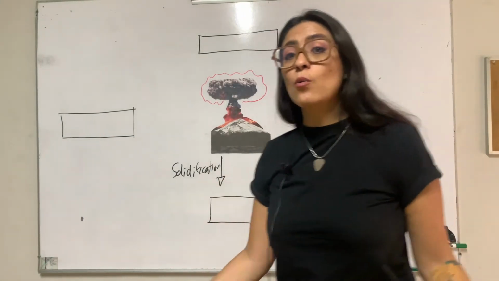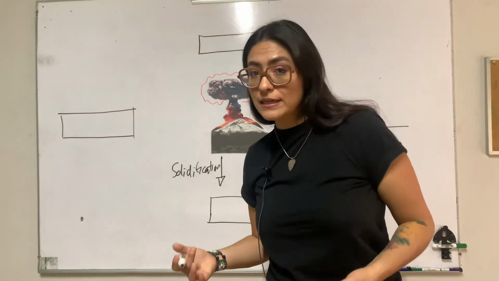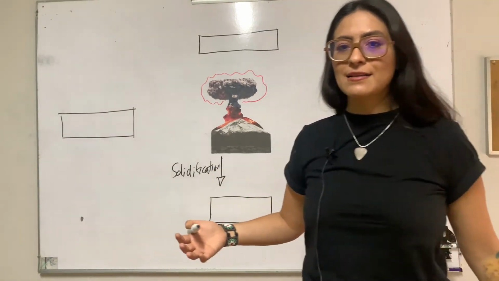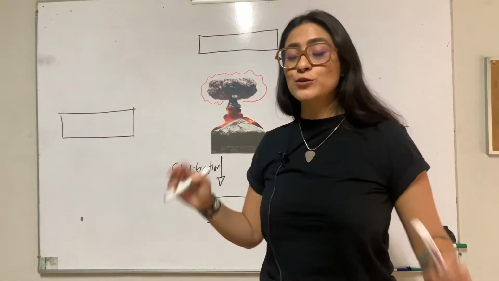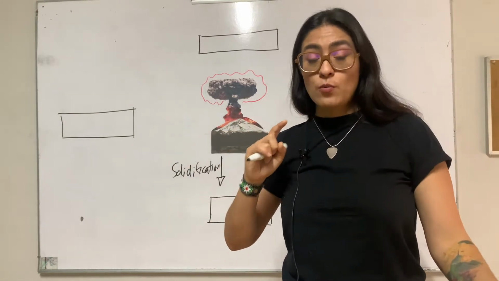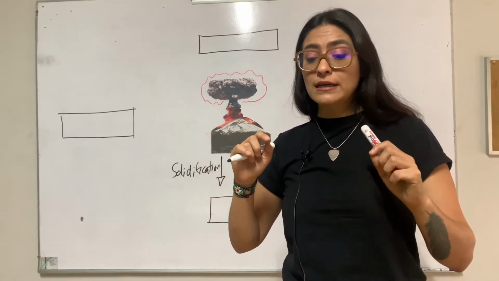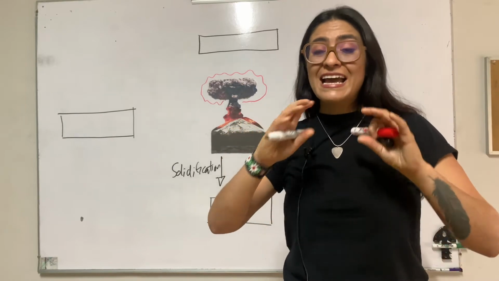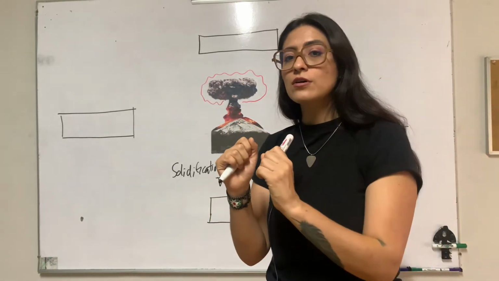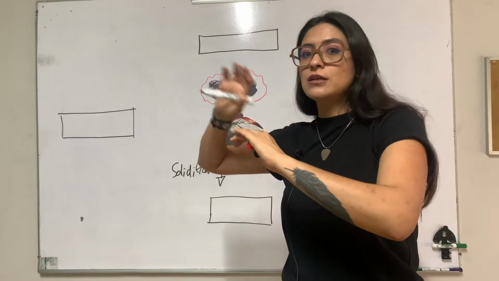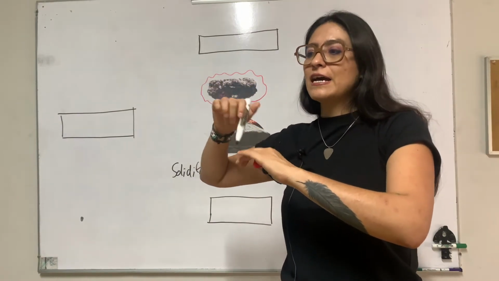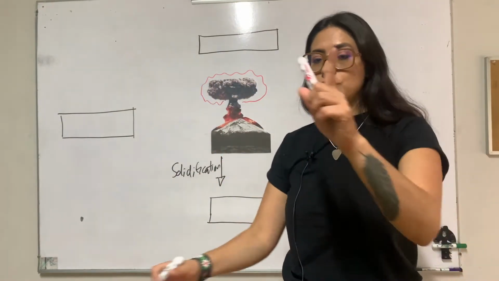Depending on where the material is cooling down, we're going to have two different types of rocks. We have the rocks formed when magma cools down inside the crust, and we have the rocks that cool down touching or outside, exposed to the atmospheric conditions.